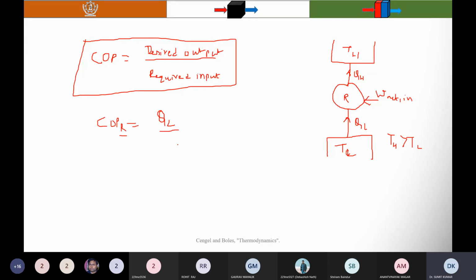And what is the required input? The net work, W net in.